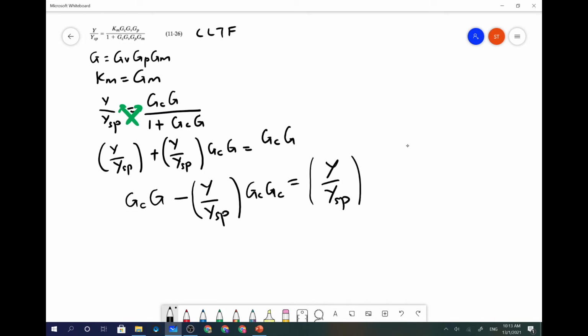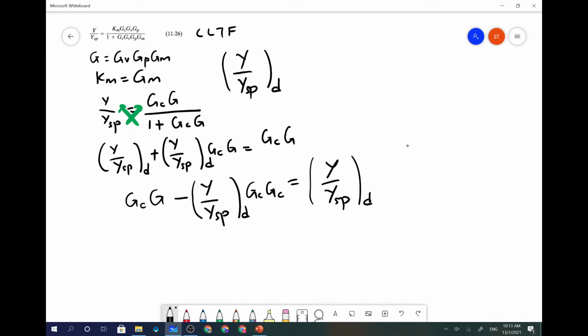Before that, one thing that I forgot: remember that when we have Y over Y sp desired, we just put d here and d here, here and here.